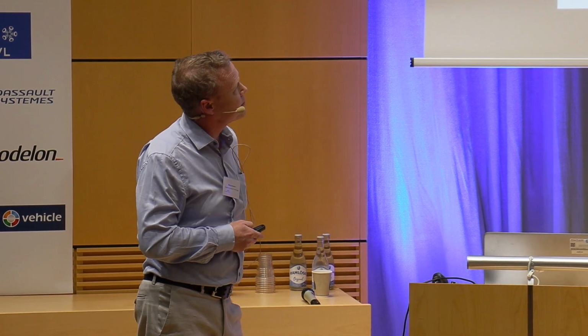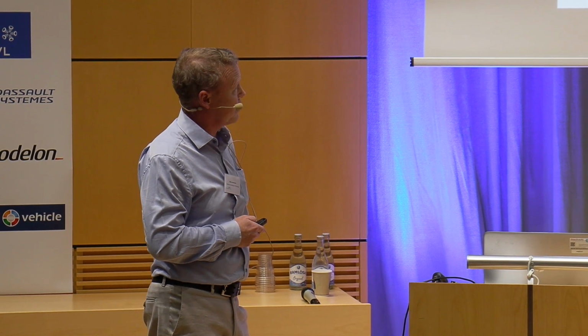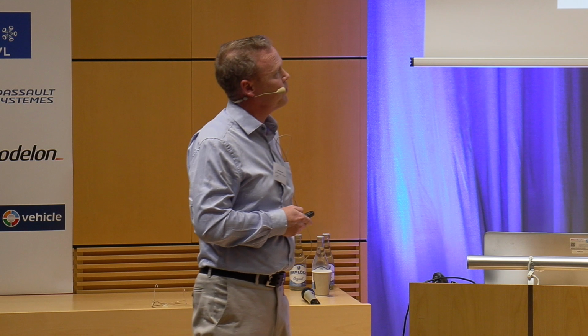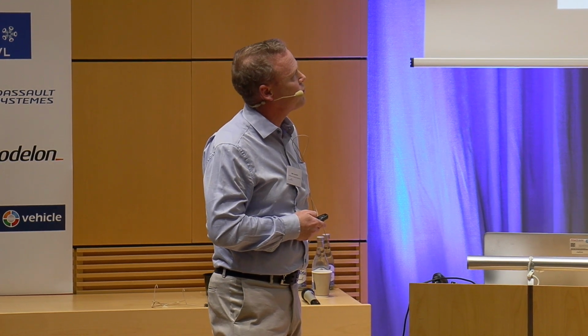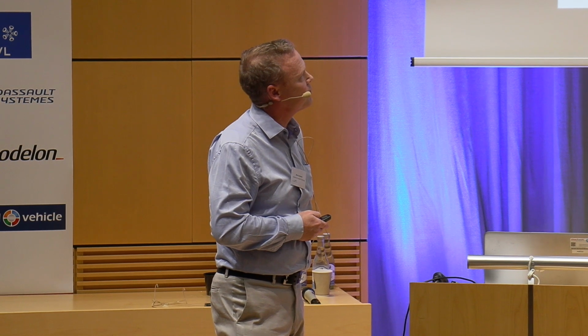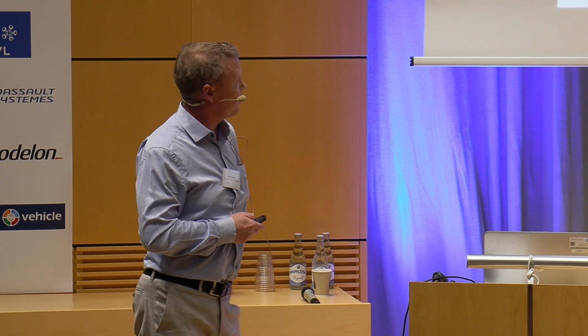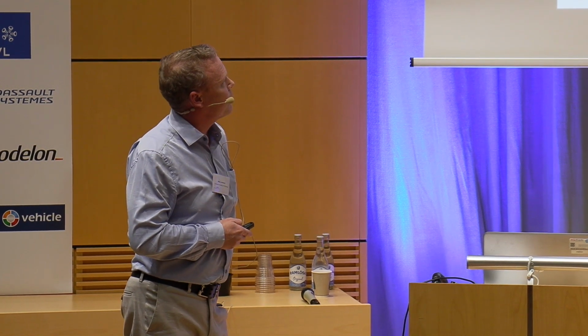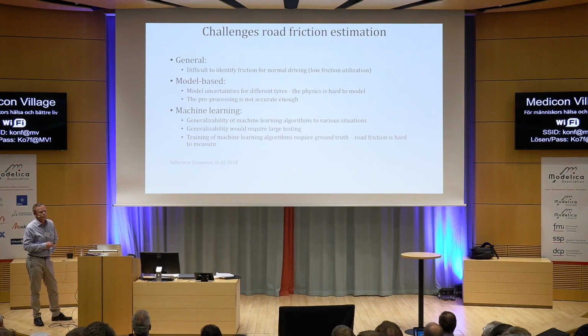For machine learning, it's hard to have a generalization of the algorithm to adapt to different situations and different markets. And it would require extremely large testing that is maybe not possible to do. And finally, that training also needs ground truth to another extent. So it's also hard to measure friction.